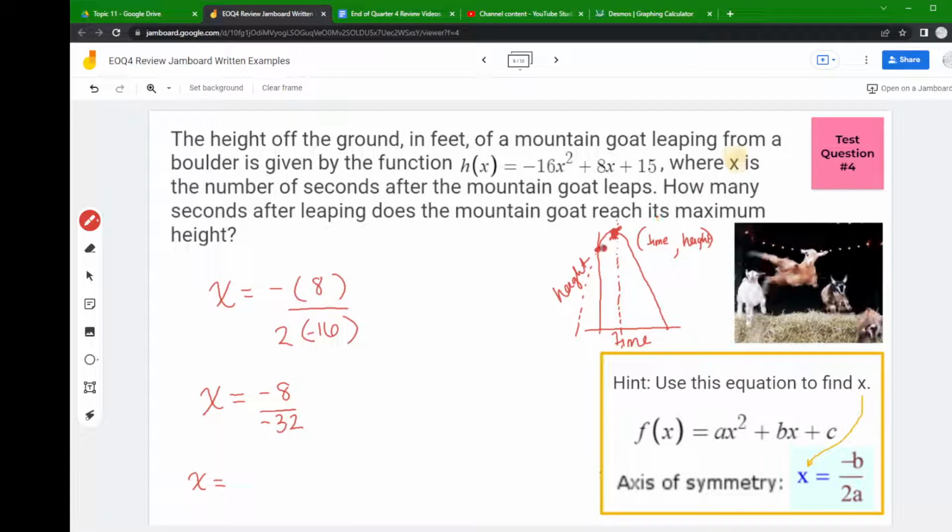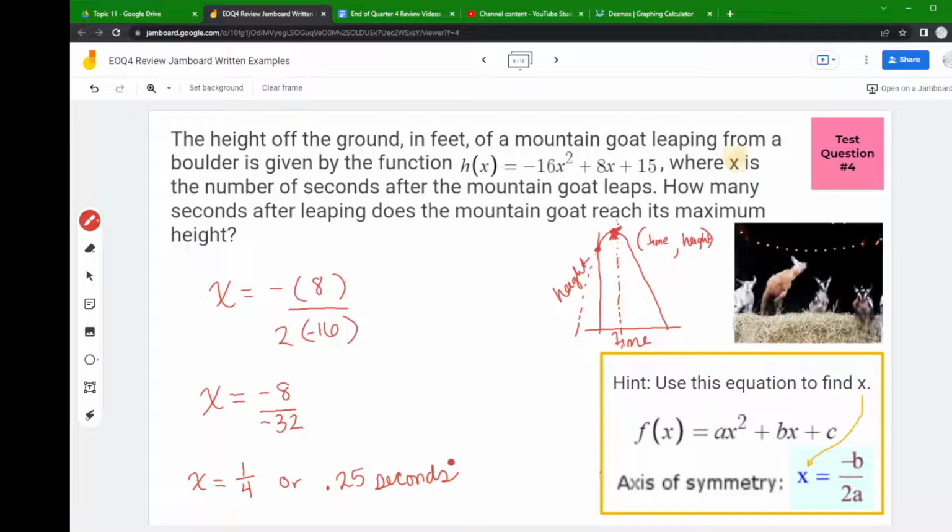Unless this goat is Ant-Man and he dips up into the quantum realm, you're not going to have any negative time. So these negatives cancel out and become positive. 8/32 seconds is 1/4, or 0.25 if you pop it into a calculator. So it took about 1/4 of a second for the goat to reach its maximum height before it falls 16 feet to the ground.